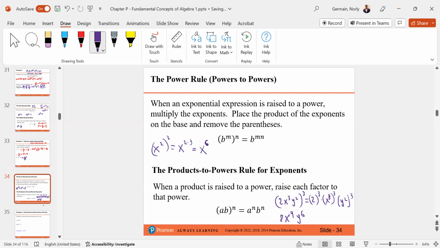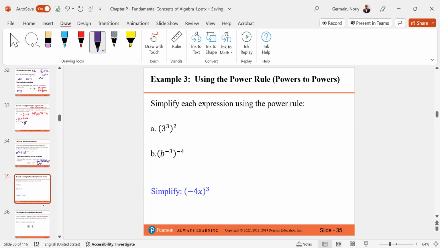So remember, when you have a parenthesis, you need to distribute the exponent to every member inside the parenthesis. Now, look at that one. Power over power, what do you do? That would be 3 to the power 3 times 2, which is 3 to the power 6.